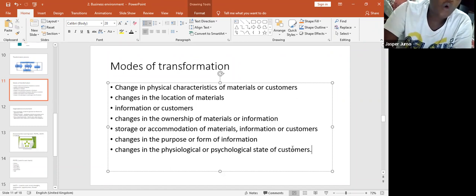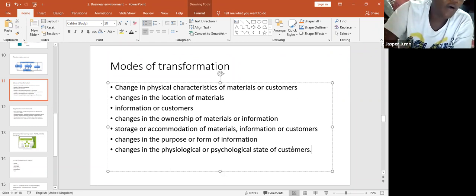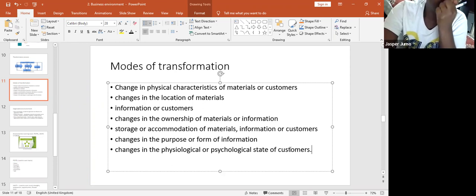So everyone who is running a business is included there somehow, be it a motor mechanic, be it a doctor, be it a psychologist, be it a lawyer, any form of business, or a supermarket, a real estate agent. Those are all forms of transformation. You can find one or two modes of transformation that can describe any business that we have in our economy.